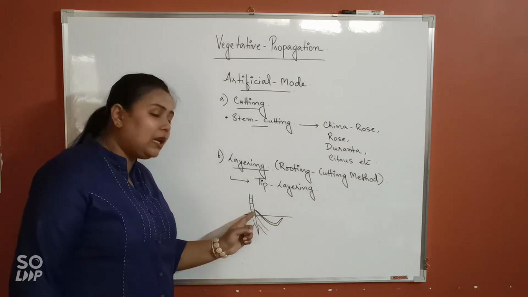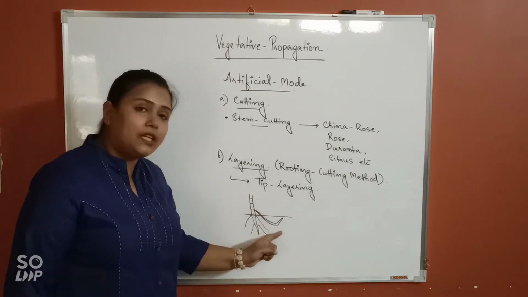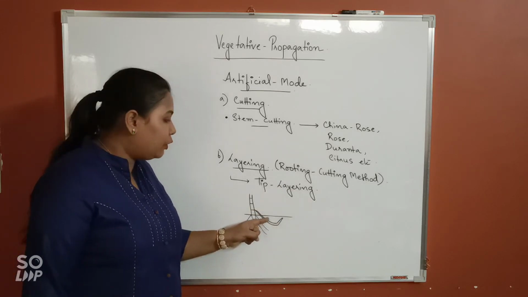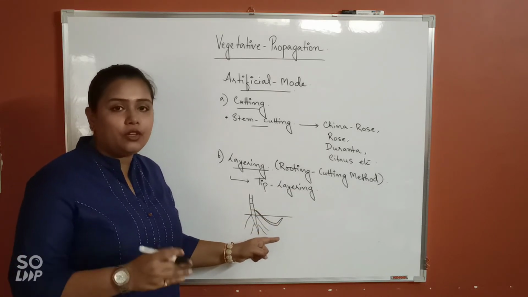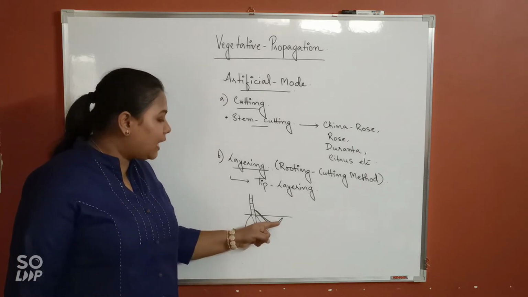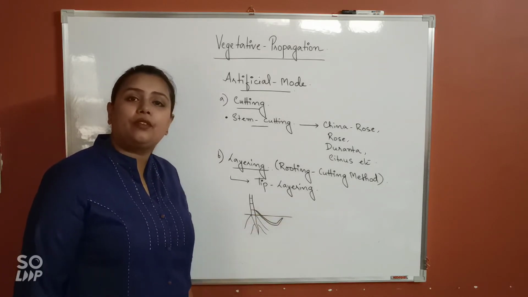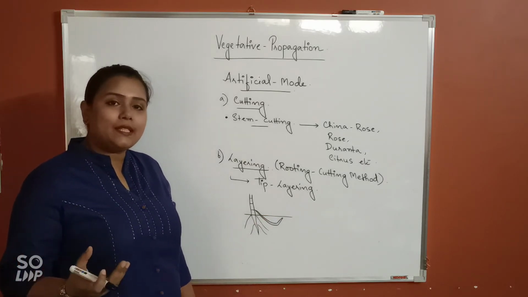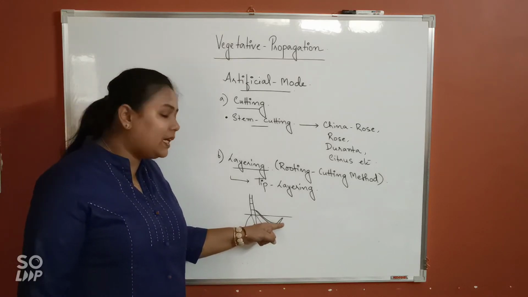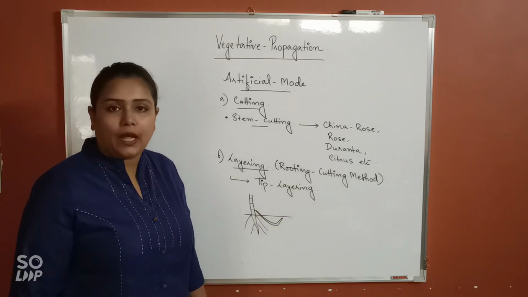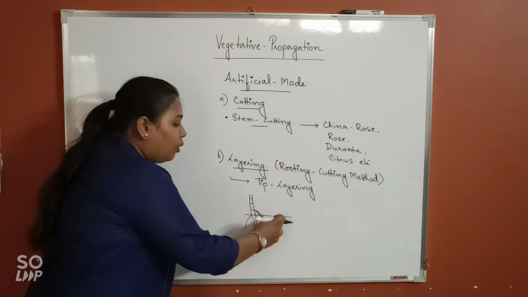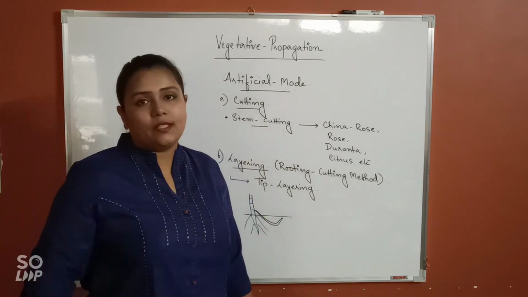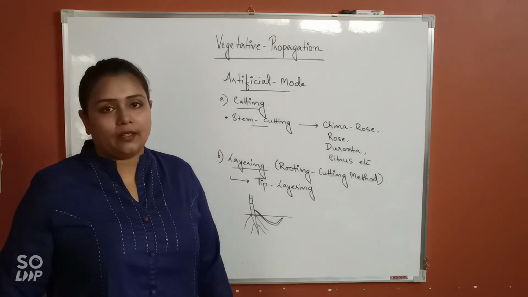That means the basal part of the stem would be in a slanting position, but the tip of the stem would be upright. It would of course be given a cut before being introduced inside the soil, and then eventually the cut part would start bearing roots. As the roots start arising, this stem would obliquely move upwards and give rise to a new plant. You can then separate this whole branch from the parental body and plant it somewhere else as a new individual plant.